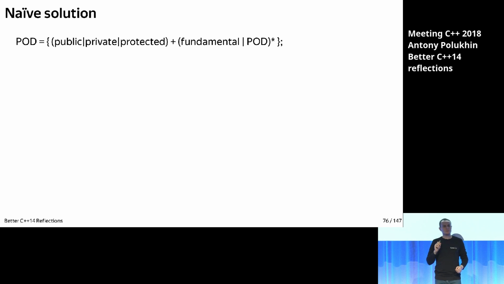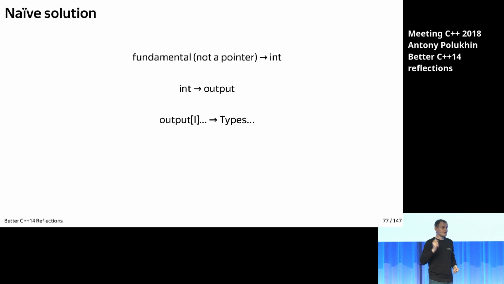But if we're working with plain old data types, those are quite simple. A plain old data type is a type that contains only fundamental types, or another plain old data type that also contains only fundamental types. That means that, well, we don't have many fundamental types. We can assign an identifier to each fundamental type, and we'll get some kind of a map.